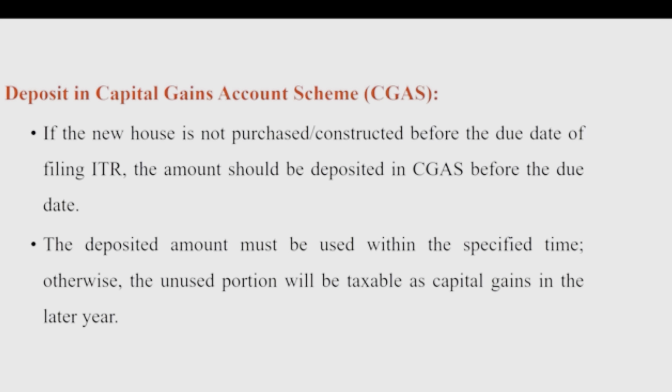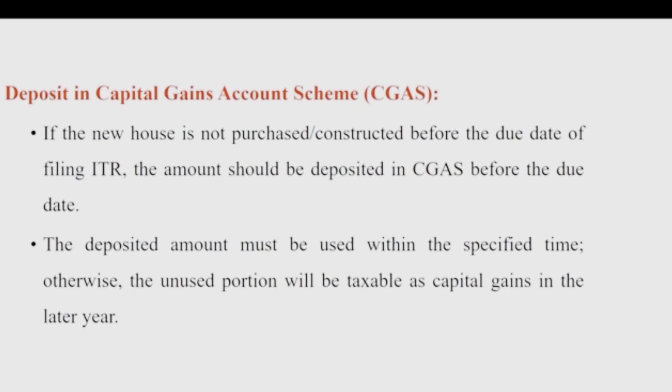So if a taxpayer sells a property and intends to reinvest the capital gain in a new house, but has not yet completed the purchase or construction, then the gain must be deposited in a capital gains account scheme before the due date of filing the ITR, which is usually July 31st for individuals.